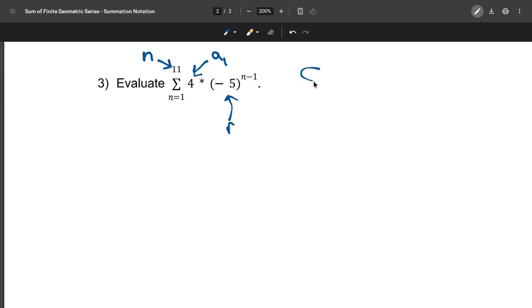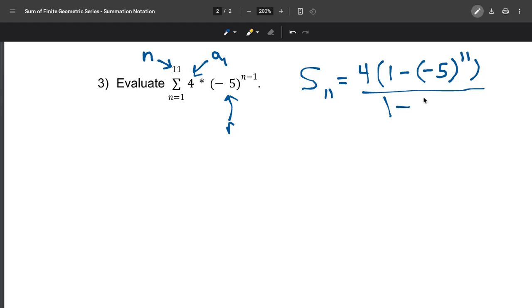So the sum of 11 terms equals 4 times 1 minus the common ratio, -5, raised to the 11th power, over 1 minus the common ratio, -5.